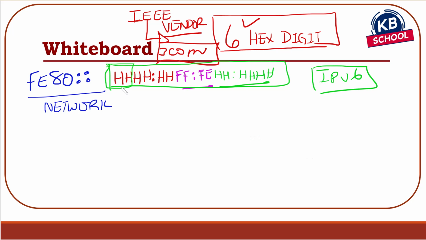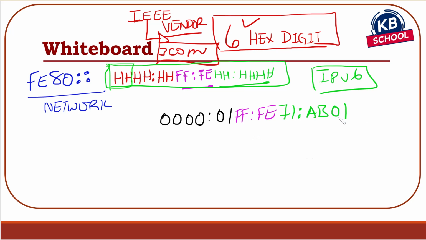So what is that rule? Let's say my address was 000001, and then I would have these two FFs over here, colon FE, and then I would have my MAC address that was assigned to me by my vendor. Let's say that address happens to be 71AB01 as an example.